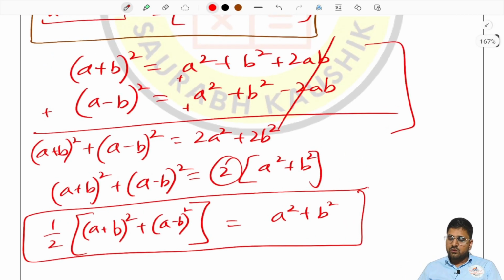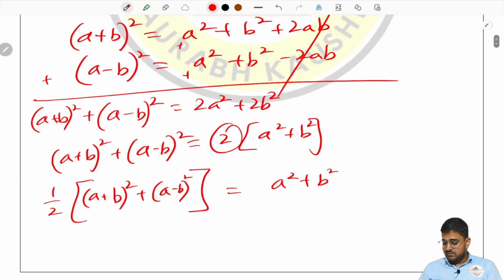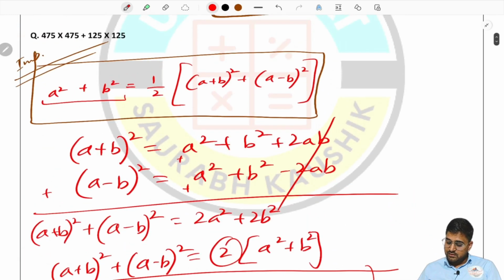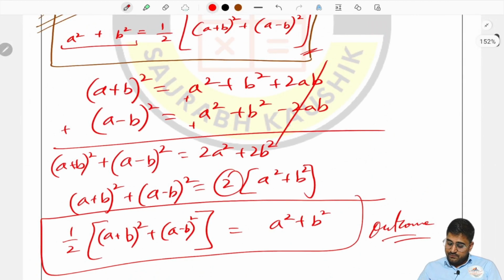No one is going to cover this much in number system. Please pay attention, respect the free things, and don't take it for granted. So this is the outcome we required. This is the property. I hope you get it.